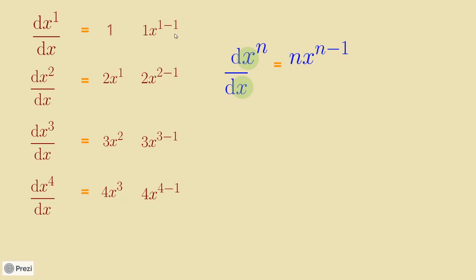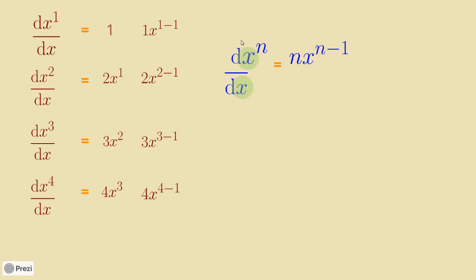It applies for all the numbers, all the variables, provided n is a real number. If n is not a real number, if it is an imaginary number, this need not be valid. Okay, so this condition is valid for n is a real number.